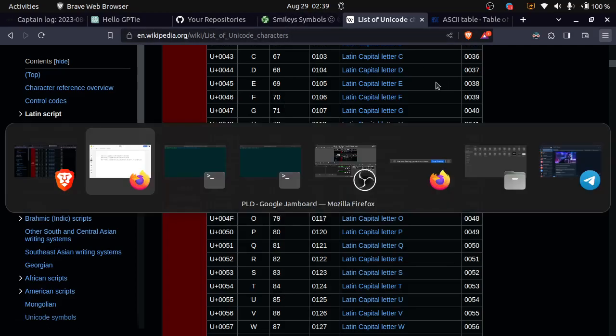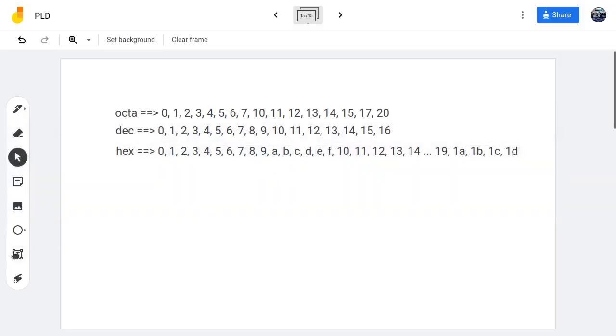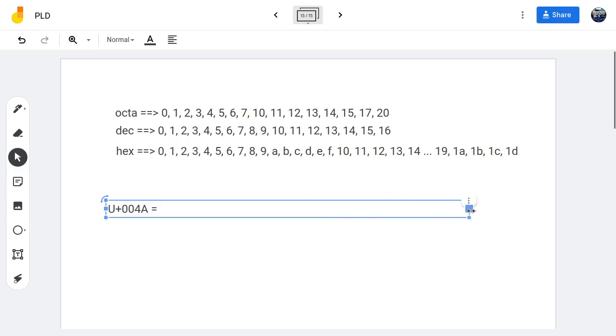I'm going to paste this here and try to represent it in bytes. So A is 10. You remember, we're going to have these bytes like this. We'll have 00000000 for this one, 00000000 for this one. This is 4, so we have 0100.